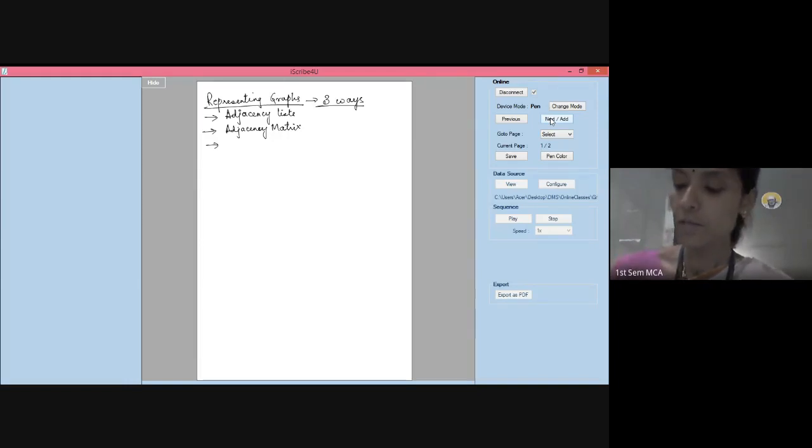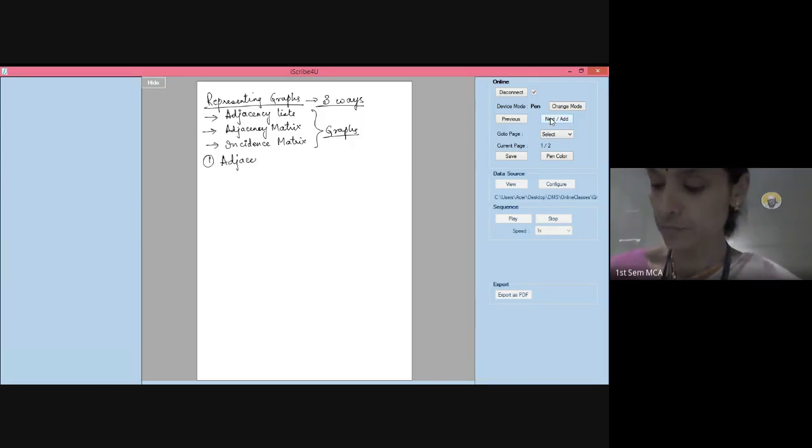The third way is called the incidence matrix. These are the three ways in which you can represent graphs. Let us take each one by one. First, we will start with the adjacency list.